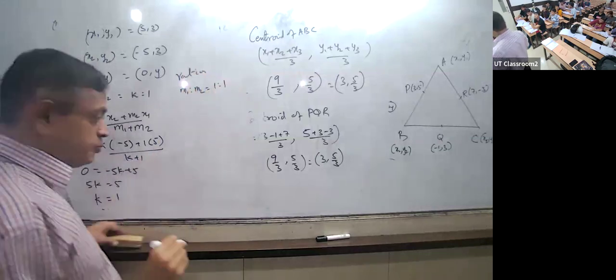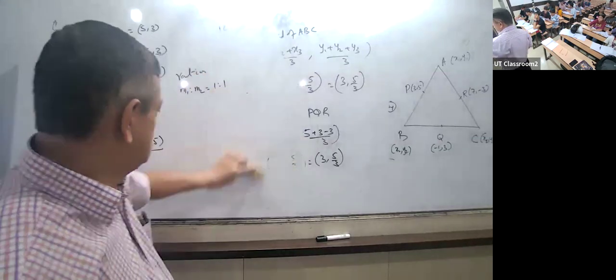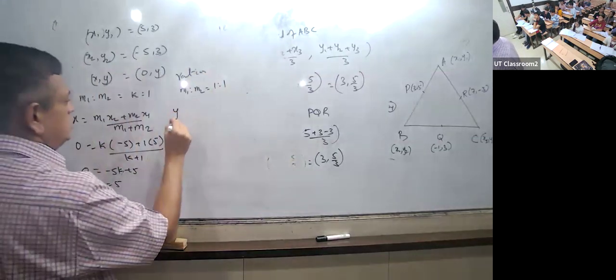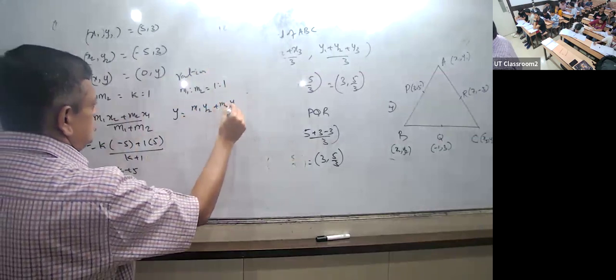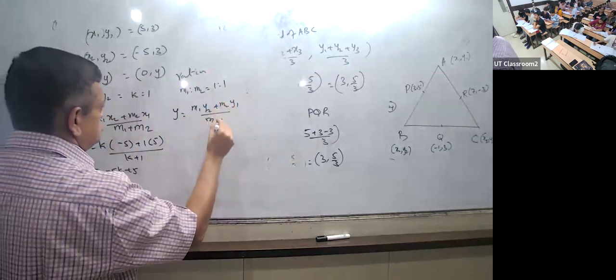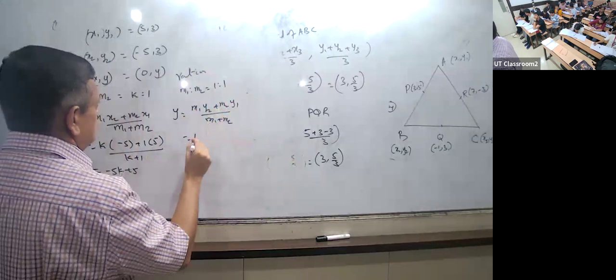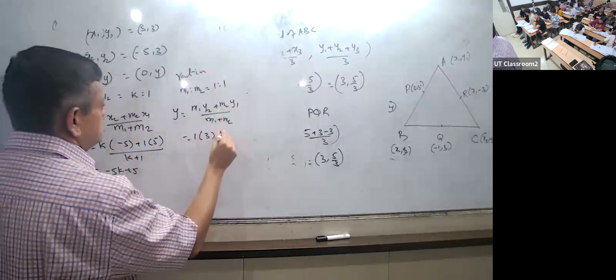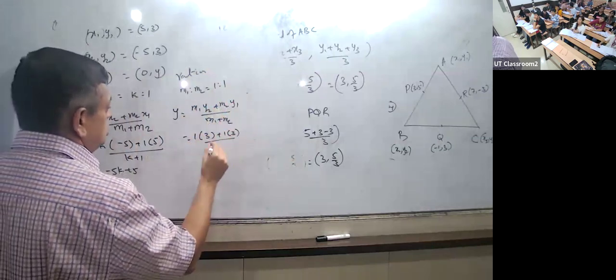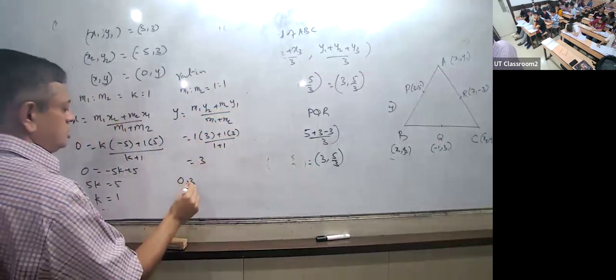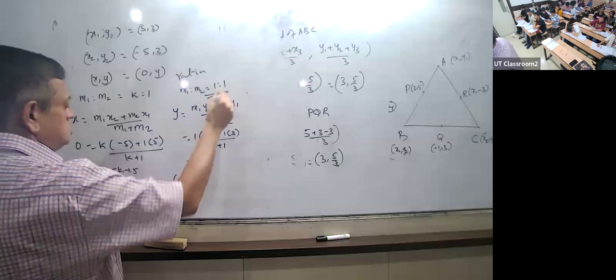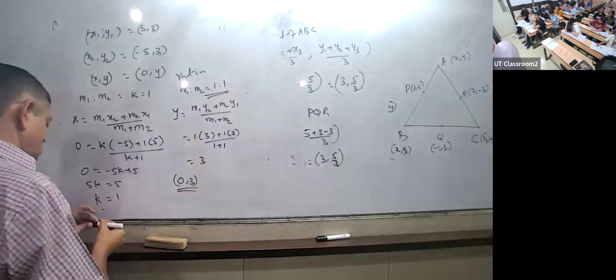You can apply the midpoint formula, or the section formula to find y: m1 y2 plus m2 y1 upon m1 plus m2, equal to 1 times 3 plus 1 times 3 divided by 1 plus 1. Therefore, the point is 0 comma 3. So the two answers are 1 is to 1 and 0 comma 3.